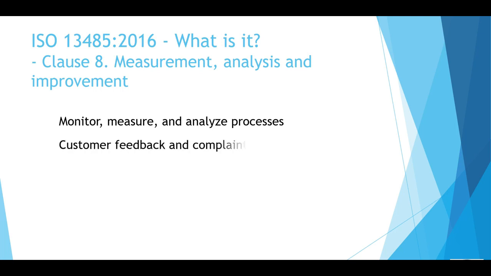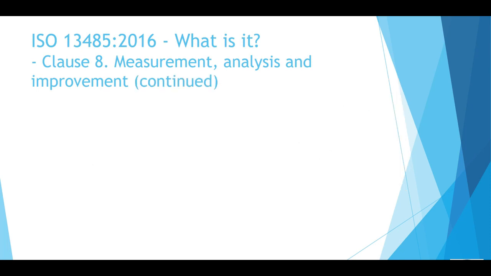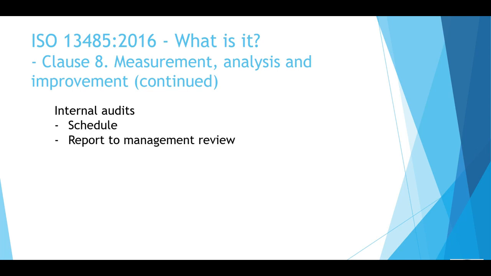You also have to establish methods to obtain and monitor customer feedback and processes to investigate complaints, review risk, take action and report results, including to regulatory authorities where appropriate. The organization has to plan and conduct internal audits to determine whether the QMS is in conformity and processes are achieving planned results.